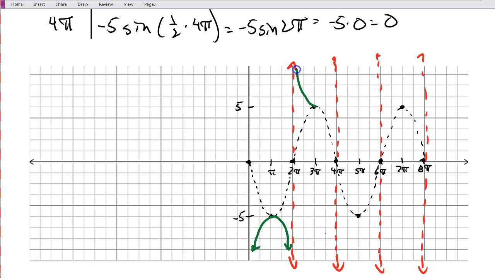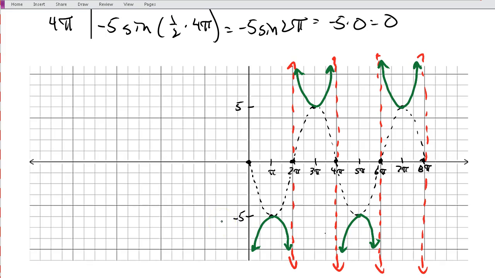So my cosecant curve will open up, open down, and open up. So again, keep in mind that the green curves are actually the only part of the cosecant curve. Everything else is just to help us, but it is necessary to draw that in.